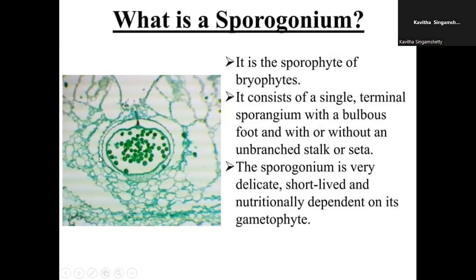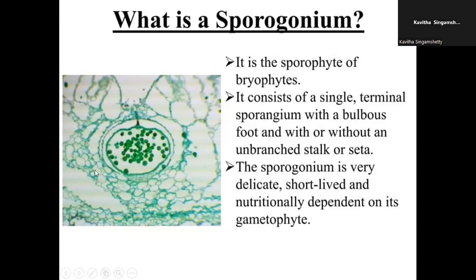The capsule encloses the sporogenous tissue, or the spore mother cells, which undergo reduction division and produce the haploid spores. This sporophyte is very delicate, short-lived and nutritionally dependent on its gametophyte.